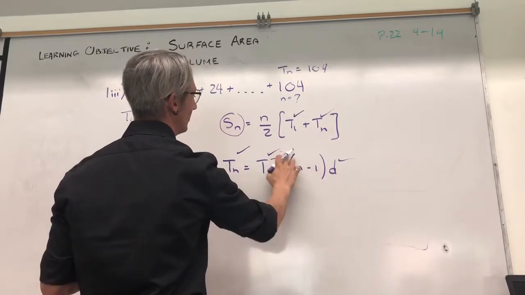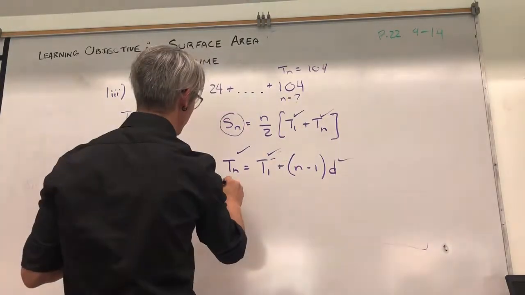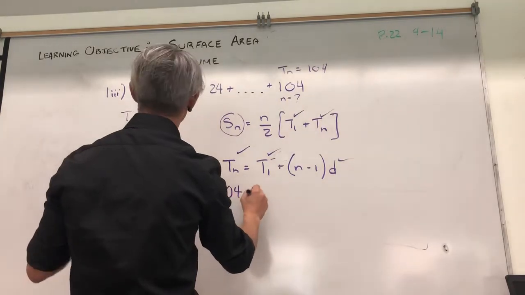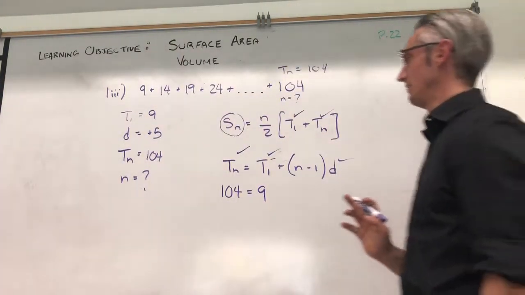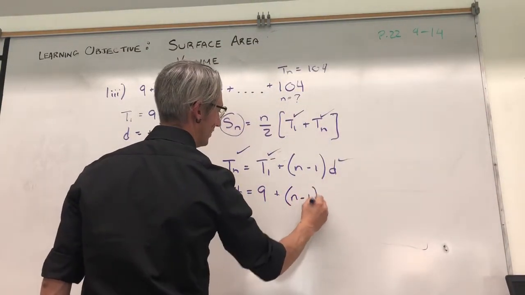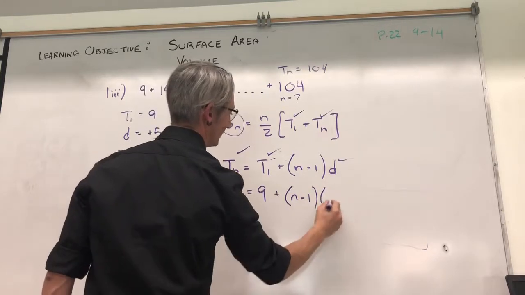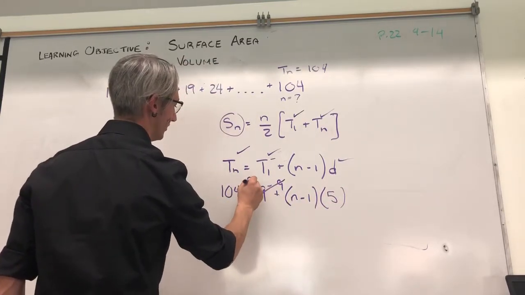Actually, first let's put in the numbers so I don't confuse you. I'll put in 104 is equal to 9 plus n minus 1 times 5. I can subtract out the 9 here because it's unattached.